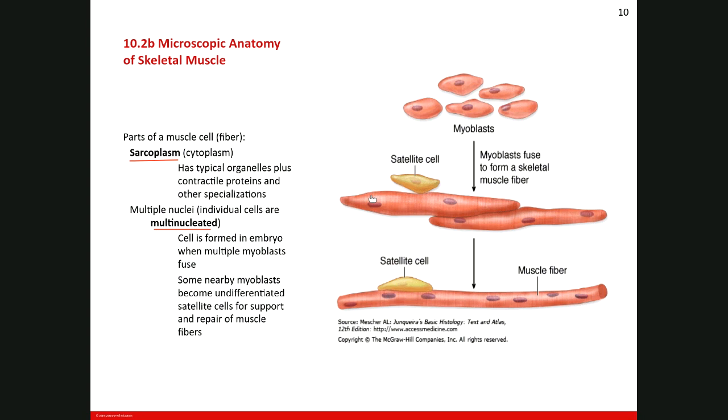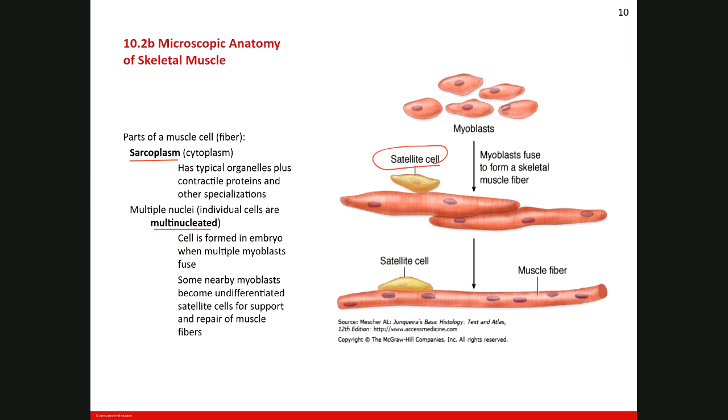Some of these myoblasts don't change to muscle fibers. Some of them change to a specific cell which we call a satellite cell. These satellite cells are located between muscle fibers. When we have any trauma or injury to our muscle fibers, satellite cells can sometimes do regeneration, and sometimes they make fibrosis.